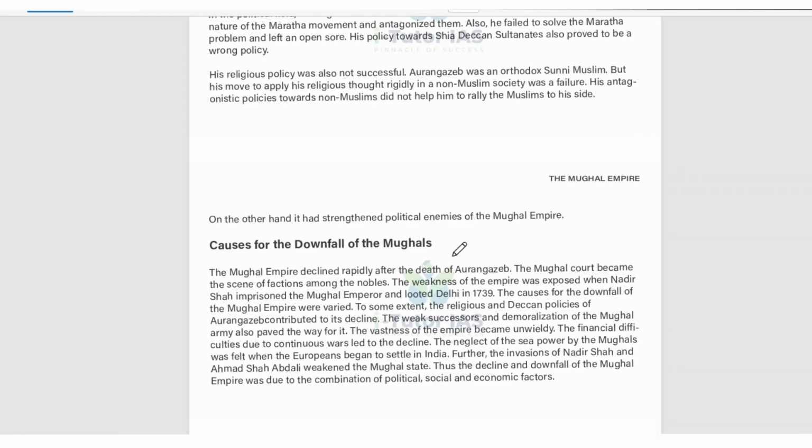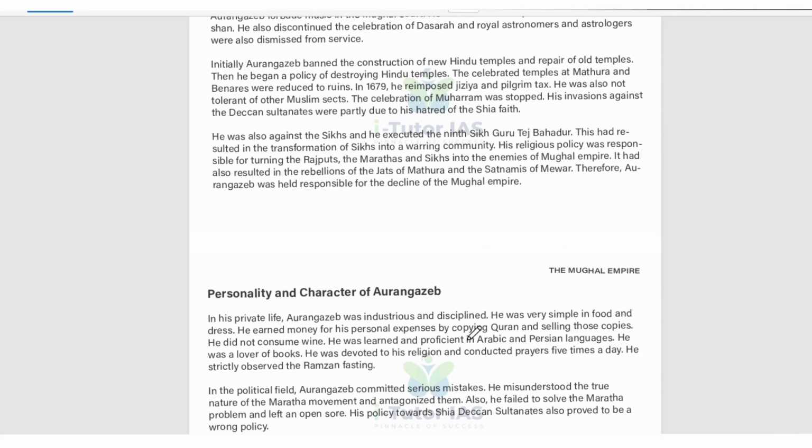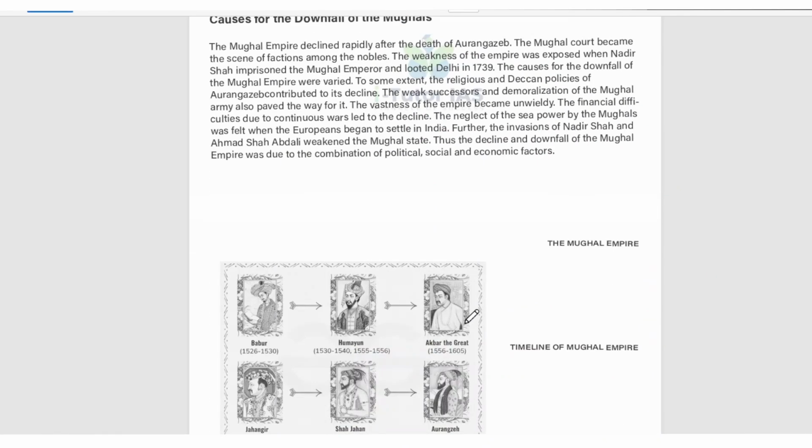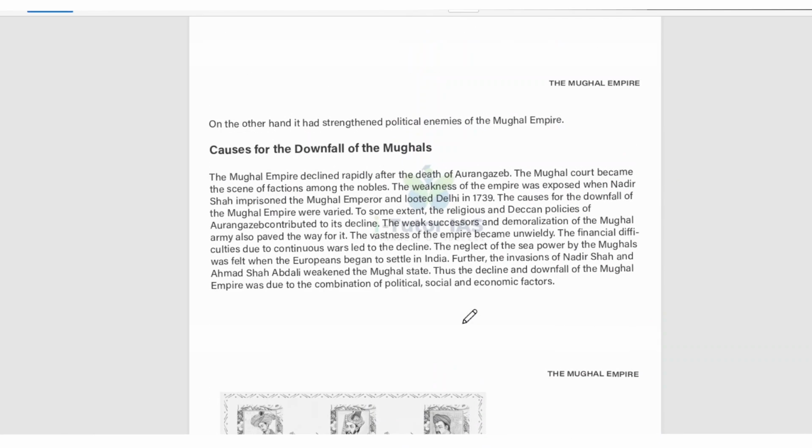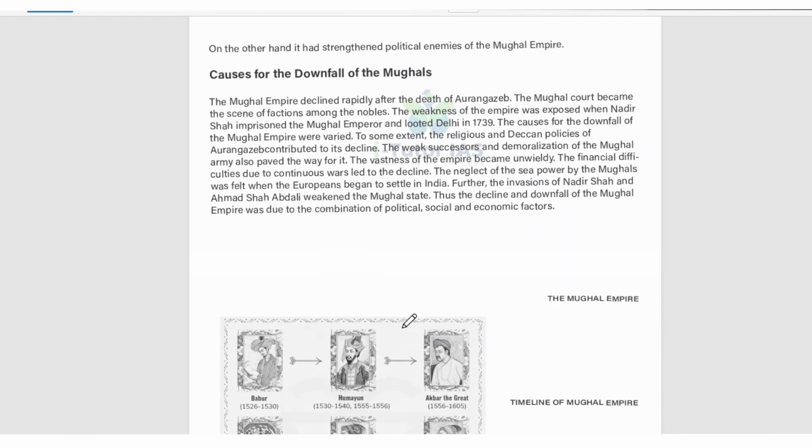Aurangzeb was an orthodox Sunni Muslim, but his move to apply his religious thought rigidly in a non-Muslim society was a failure, and his antagonistic policies towards non-Muslims did not help him to rally the Muslims to his side. On the other hand, it strengthened the political enemies of the Mughal Empire. So this is the personality and character of Aurangzeb.